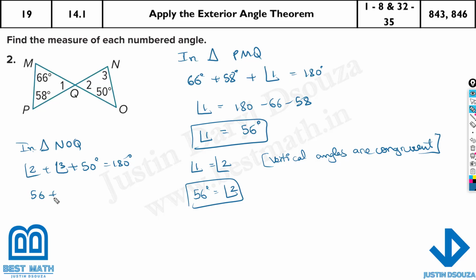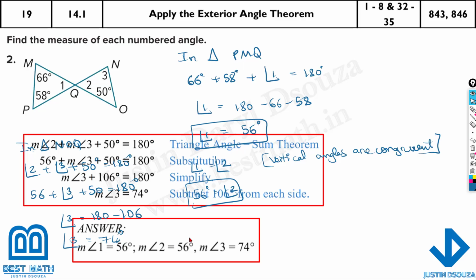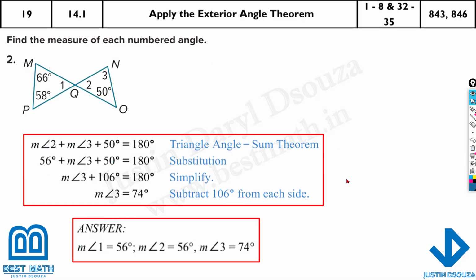It's 56 plus, this is the only unknown, plus 50 is equal to 180 degrees. So measure of angle 3 will be equal to 180 minus, you can just sum them up, it's 106 here. It will be minus 106. So that's going to be 74 degrees. So here we go. That will be the answer. If you write this much, you should get full marks. So here we have the answers 56, 56, and 54, and 74.